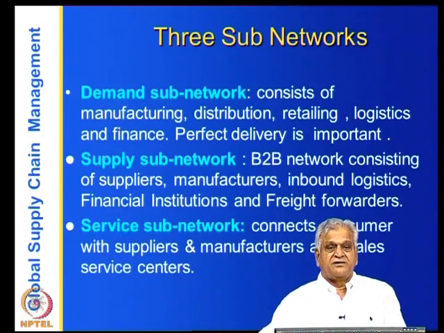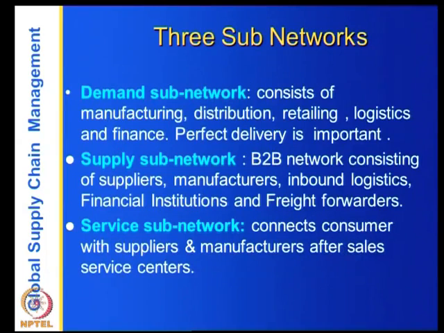And finally, you have the service subnetwork, which connects consumers with suppliers and manufacturers, after-sales service centers, and so on. So basically, the three subnetworks which I have shown earlier, that is the demand subnetwork, the supply subnetwork, and the service network, are the three features of this particular supply chain network.